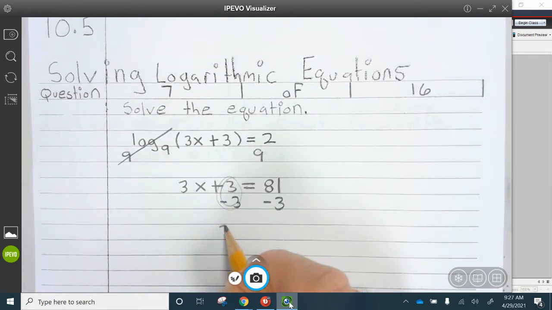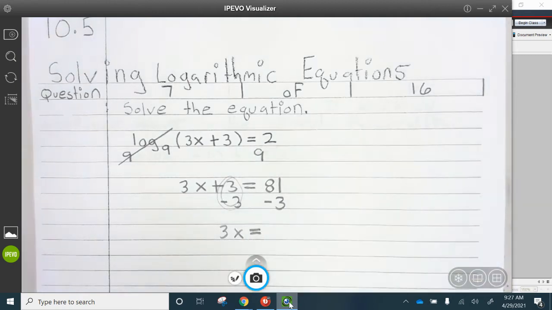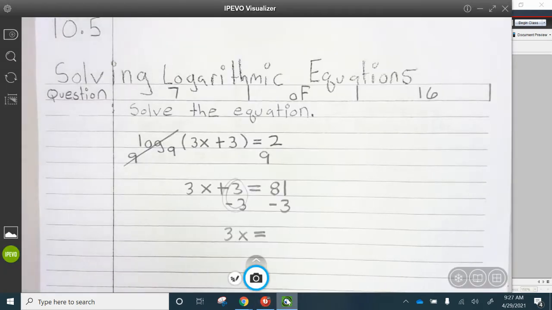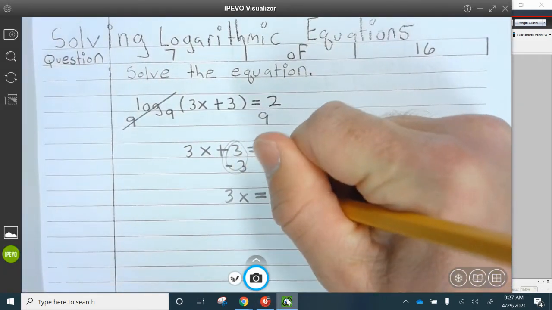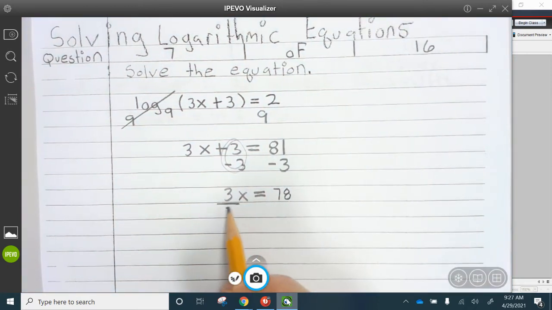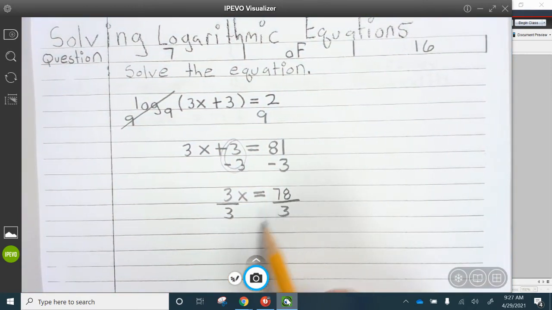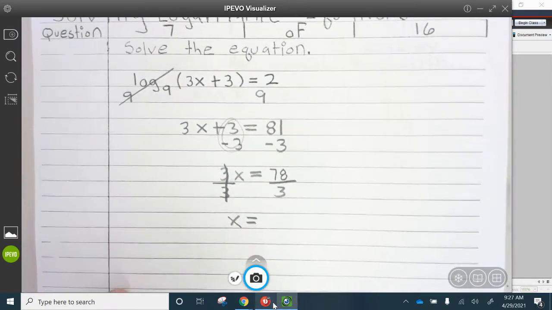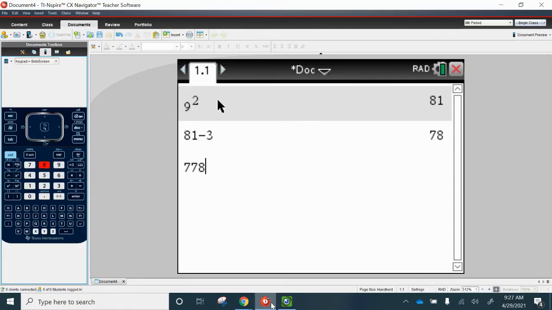That's 0. You get 3x equals 81 minus 3, so 81 minus 3 is 78. And then we're going to divide both sides by 3. That becomes 1. x equals 78 divided by 3, which is 26.